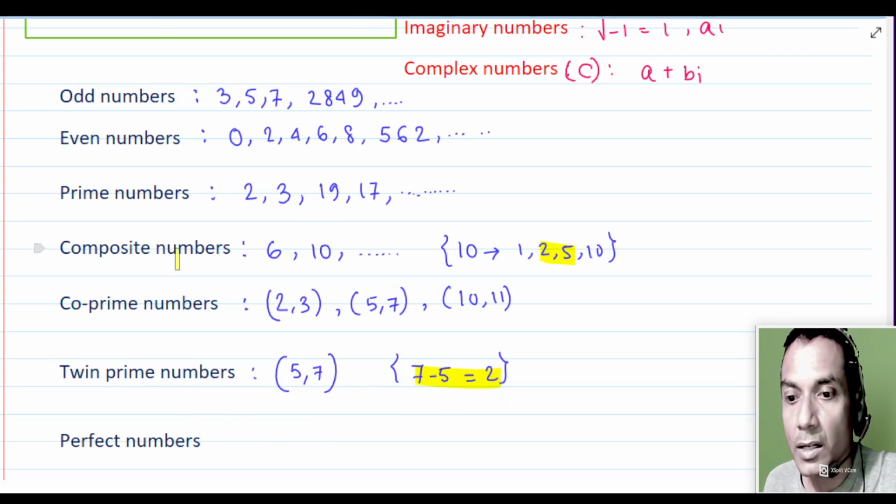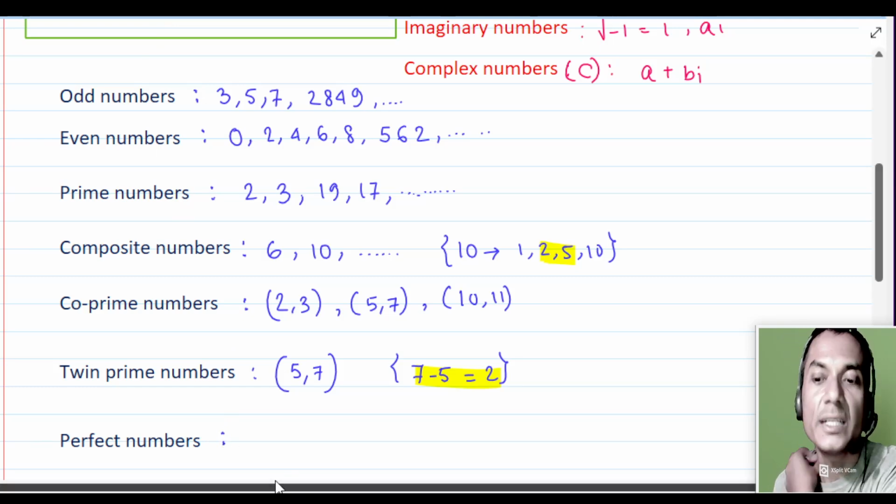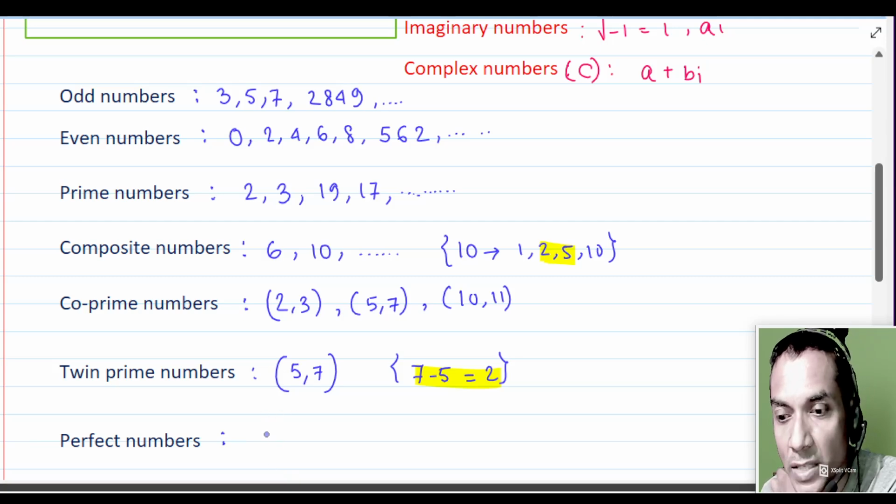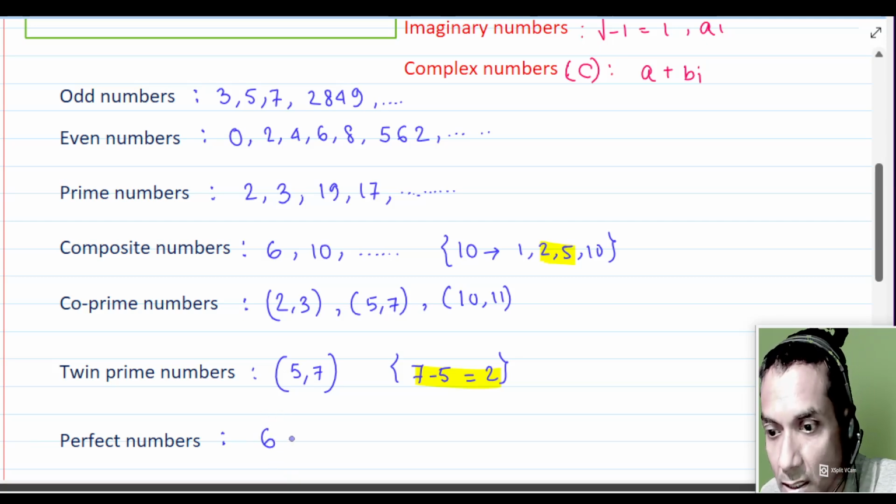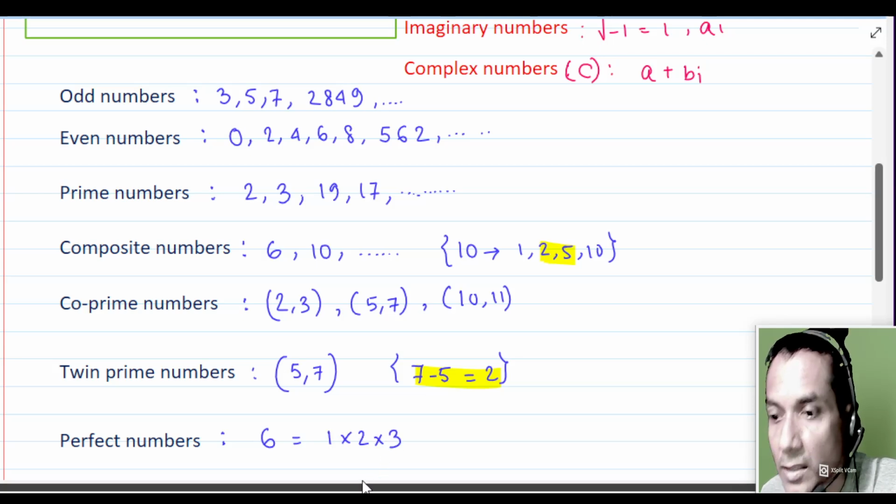Clear? Next is the perfect number. What is a perfect number? A perfect number is a number whose value is composed only of its factors. What does that mean? If I told you 6, it can be factorized as 1 into 2 into 3.